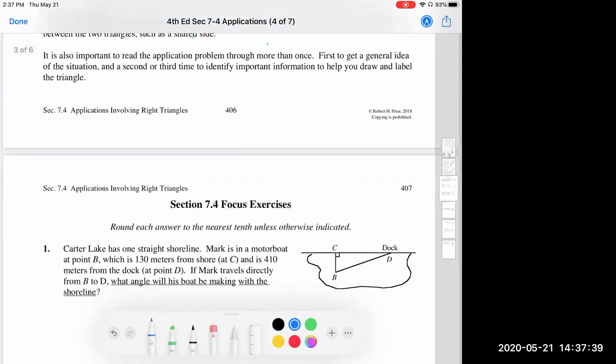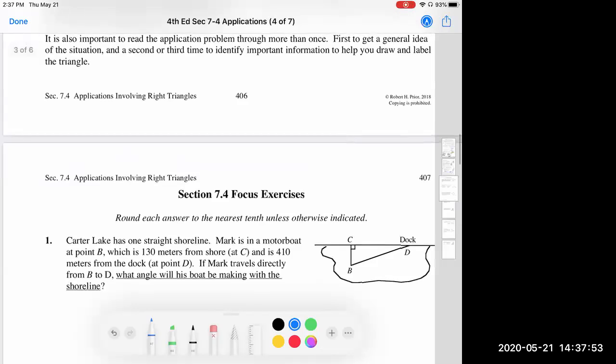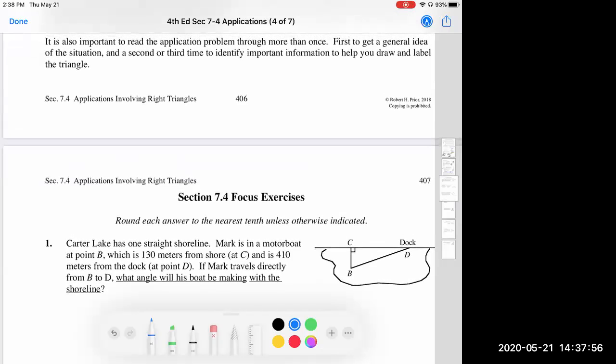It's also important to read the application problem through more than once. First, you get a general idea of the situation. Second or third time, identify important information to help you draw and label the triangle. Really, read it a minimum of 5 times, because especially when it's new, it doesn't always make sense the first time, and that's okay.